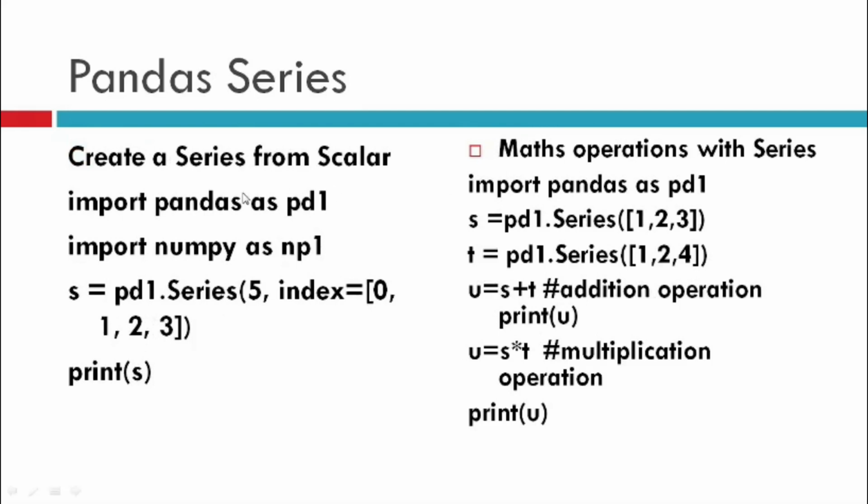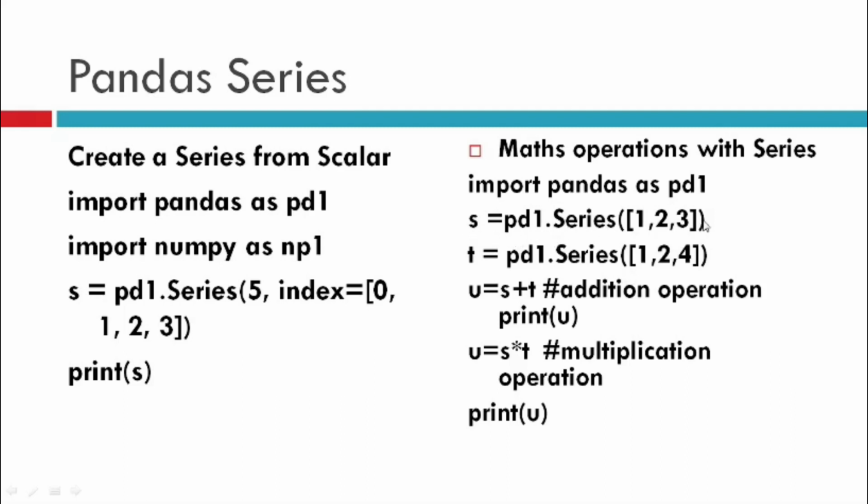Creating a scalar value with the help of series: here a pd object is created with series 5, we give the index numbers, and we can print the value. Here we can use mathematical operations in a Pandas series.